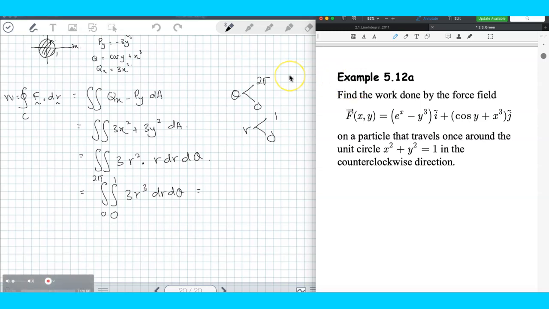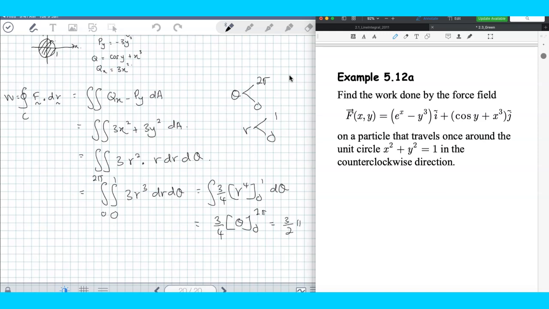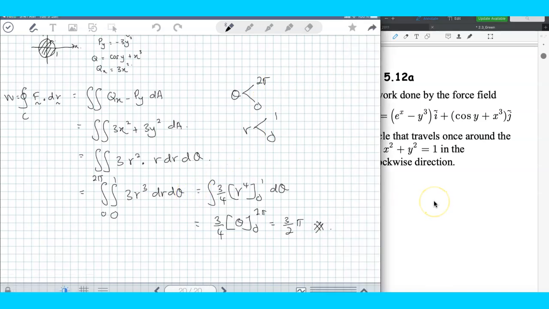Integrating r, you get 3 over 4 r to the fourth, from 0 to 1, d theta, and you get 3 over 4 theta, from 0 to 2 pi, and you get 3 over 2 pi. So that is the total work done.